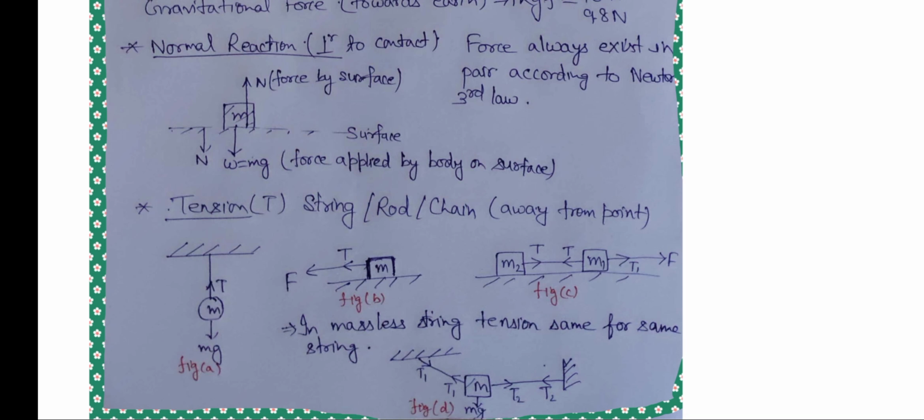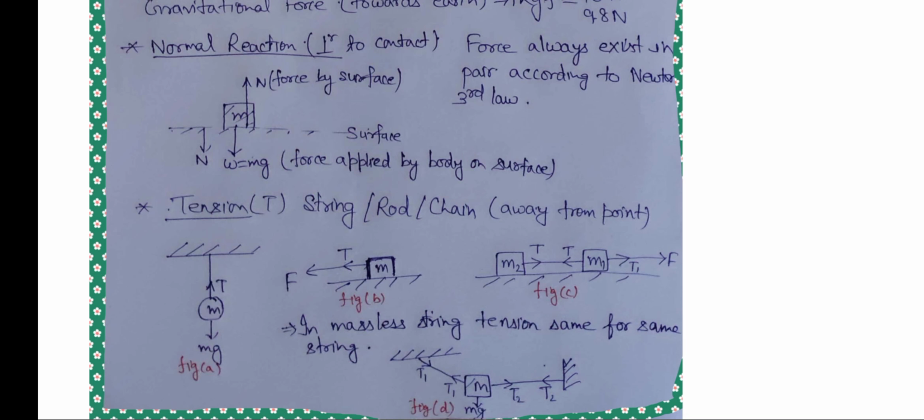And the next, T2, is the tension away from the mass M, and T2 is also the tension away from our fixed point.